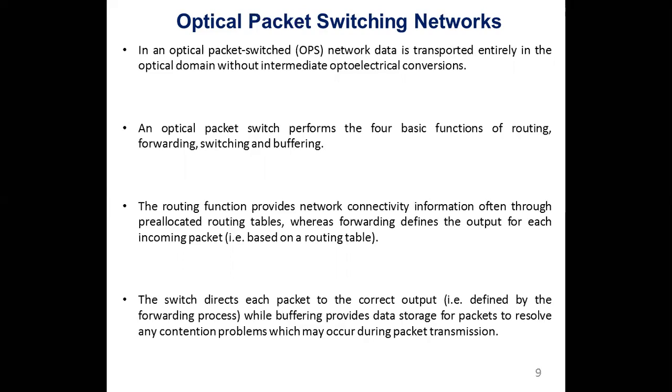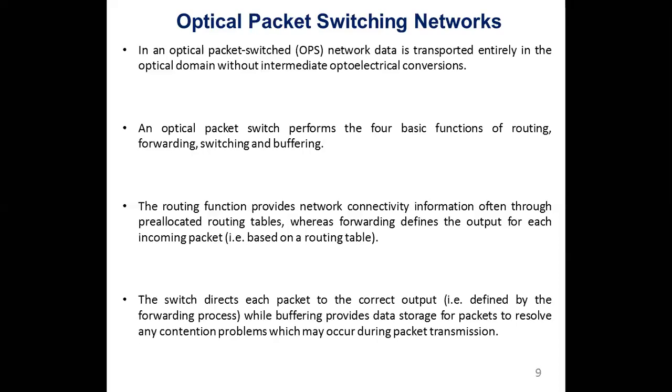The packet switch performs four functions. These will be routing, forwarding, switching, and buffering. The routing function will provide connectivity to pre-allocated tables if you are using a table-based routing algorithm. Forwarding will define the output for each incoming packet, and this will depend on the table which has been constructed.